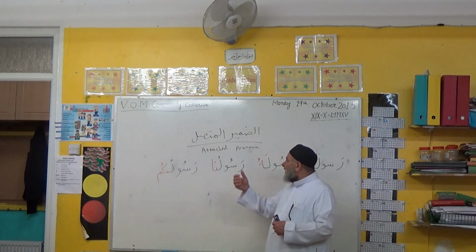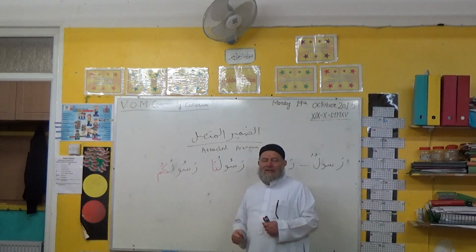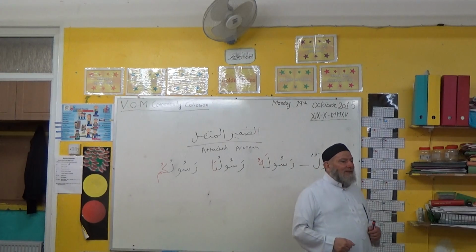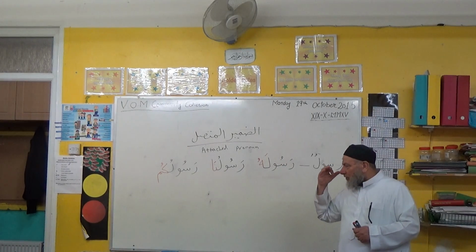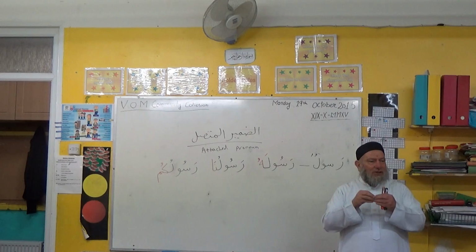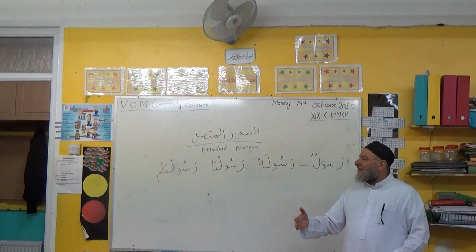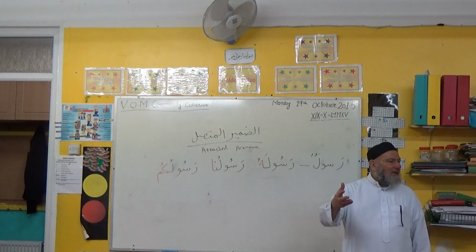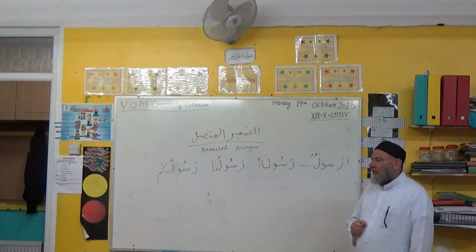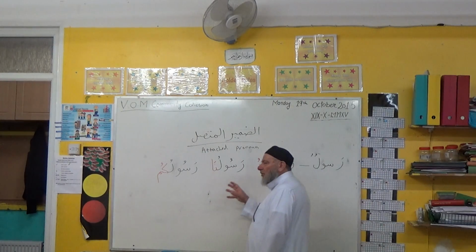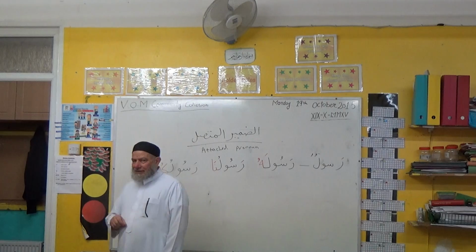So when I know what these pronouns mean, and I know what the word Rasul means, when I put this combination, then I can understand this word wherever it comes in the Holy Quran. So this is the importance of understanding these.